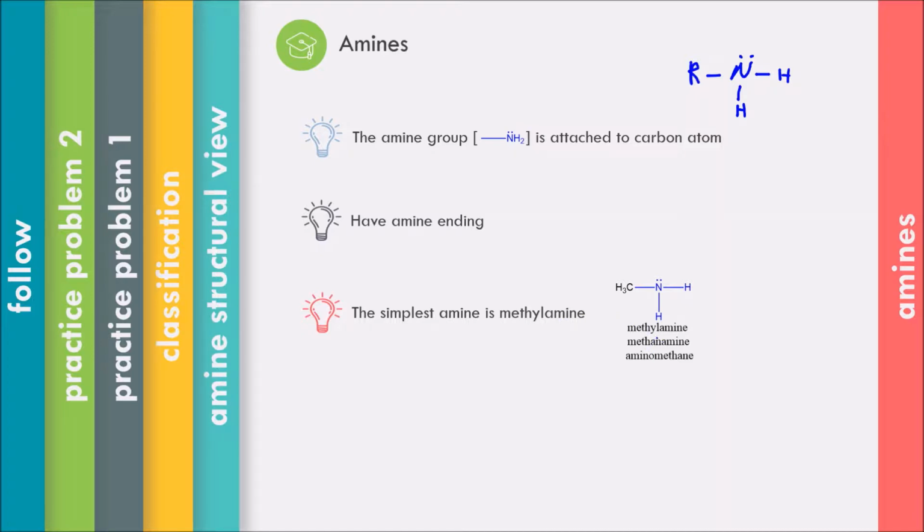There are actually a variety of ways to name amines. The first one is methylamine, what we discussed earlier. The second one is methanamine. The reason being that now we look at meth as the parent chain, one carbon, meth, an, single bonds, and amine is just because of the NH2 group.